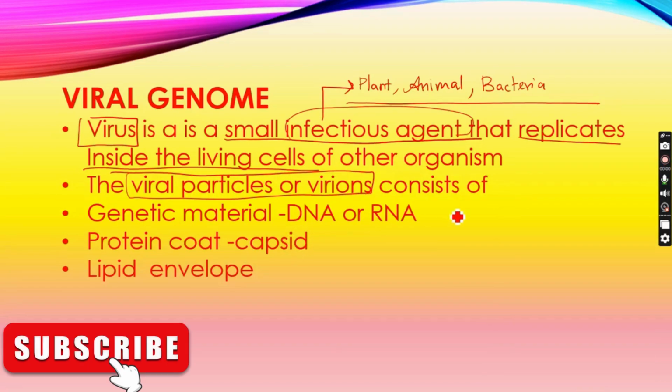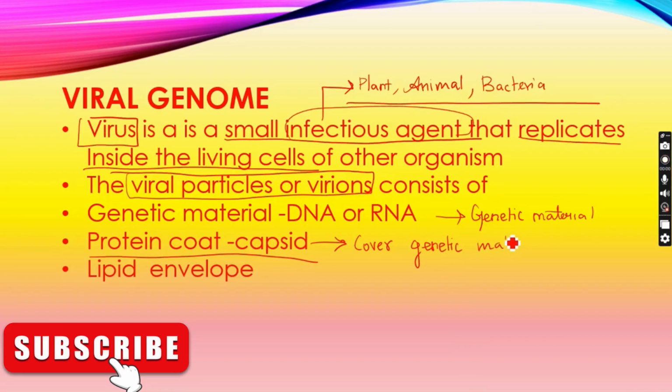They are the genetic material that can be DNA or RNA, then a protein coat, the capsid, that covers the genetic material. The outer covering is known as the capsid, and the lipid envelope is an inner covering. It also covers the genetic material found inside.